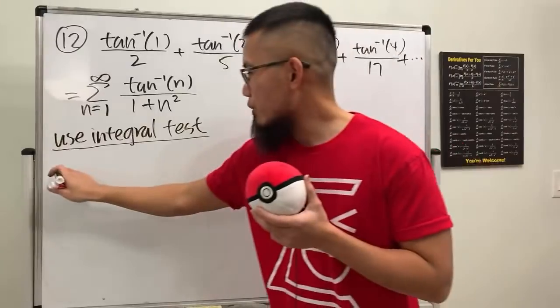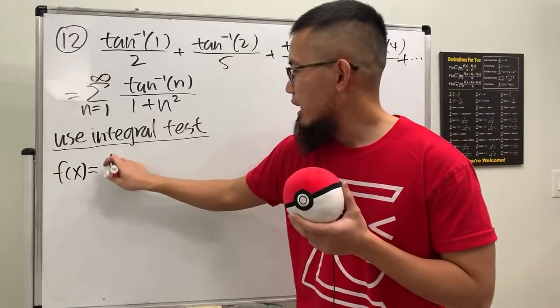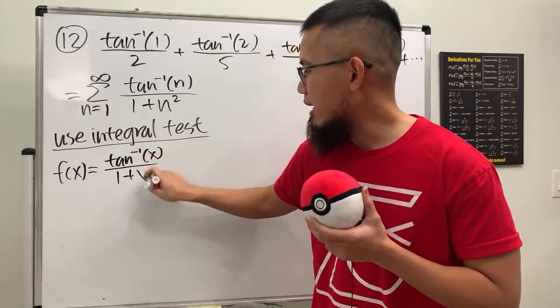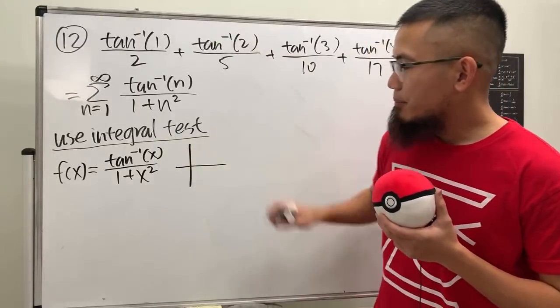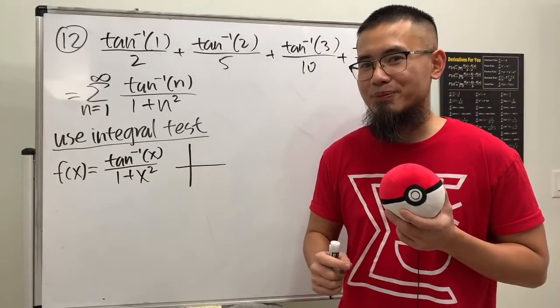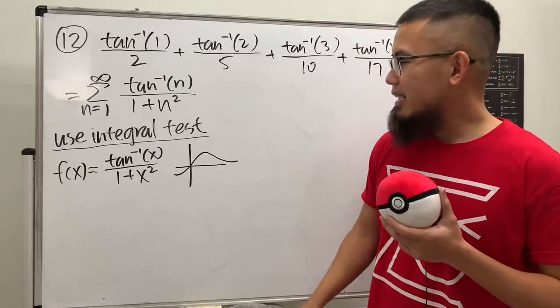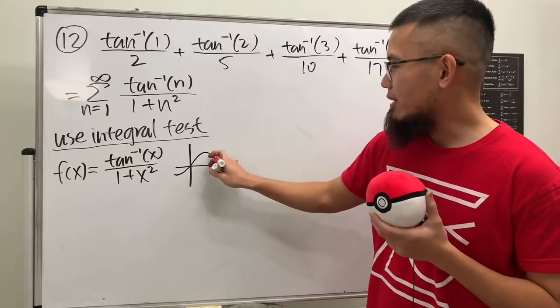And when we use the integral test, first off, go ahead and write down the function, which is inverse tangent of x over 1 plus x squared. And then you go ahead and graph this. But this time, if you graph this, you actually do not have a vertical asymptote. The graph actually looks like this, right? And you really don't care about this part because, in fact, when n is equal to 1, it's right here.